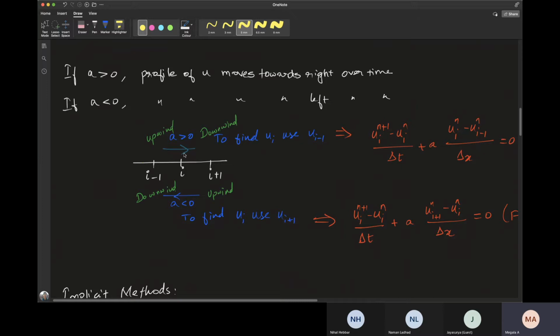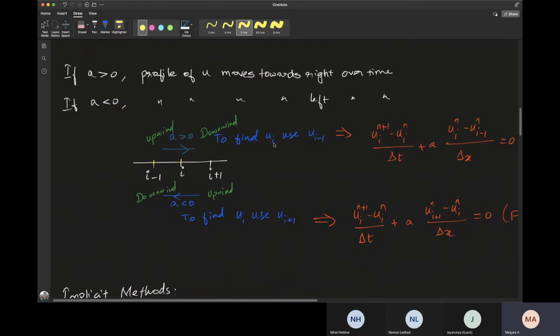The characteristics are slanted towards the positive x direction, and the solution hence is moving towards the right. If you had some profile in the previous time step, some value of u over here, that will move towards the right because the wave speed is positive.